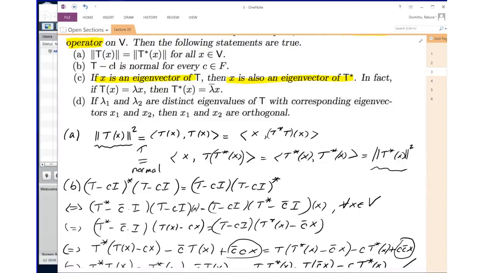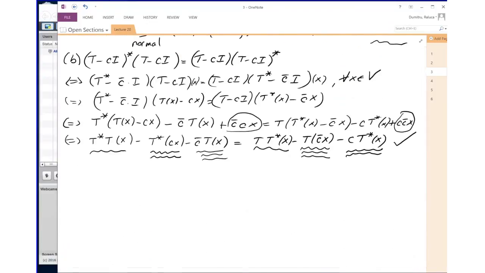So they have the same eigenvectors, T and T star. Lambda and lambda bar, right? The eigenvalues are still related through complex conjugates, but the eigenvectors turned out to be the same now. Let's see why that's the case. So x was the eigenvector corresponding to lambda.